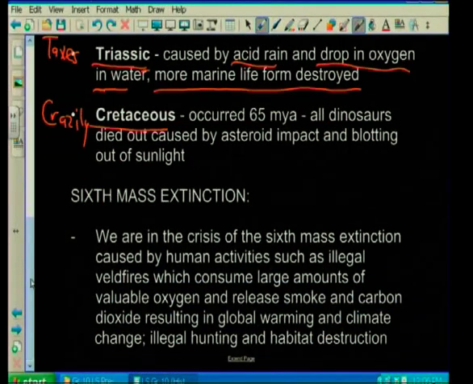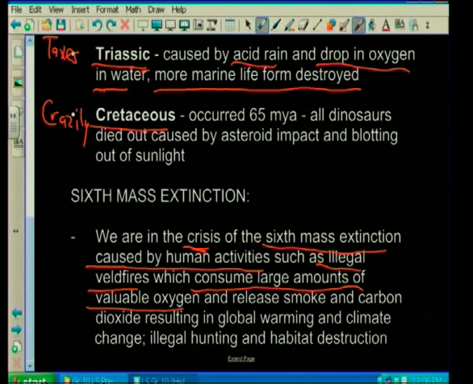Now let's look at some of the things that are causing the sixth mass extinction. We are now in the crisis of the sixth mass extinction caused by human activities such as illegal veld fires, which consume large amounts of valuable oxygen and release smoke and carbon dioxide, resulting in global warming and climate change.